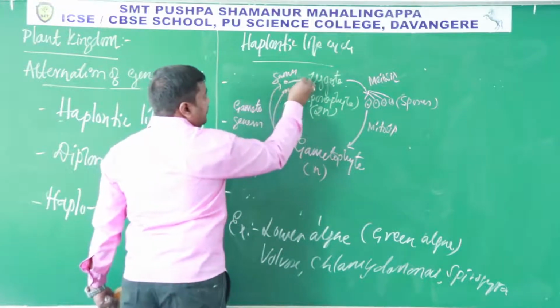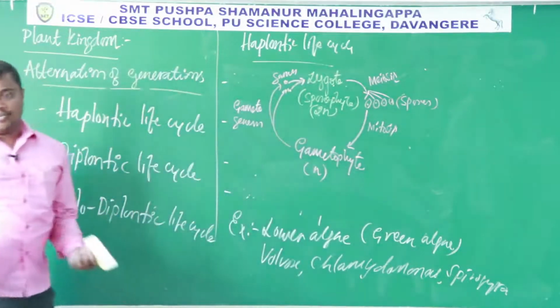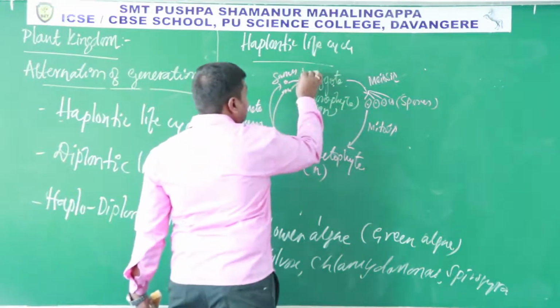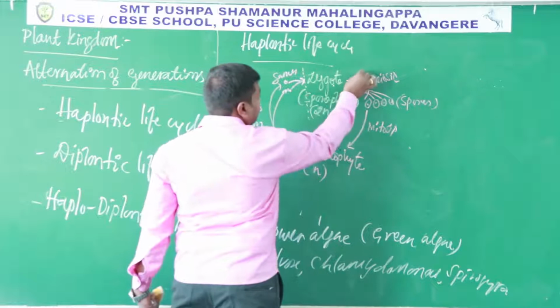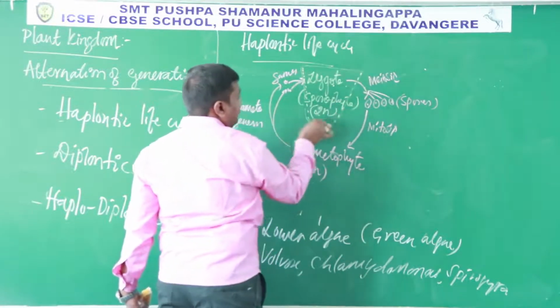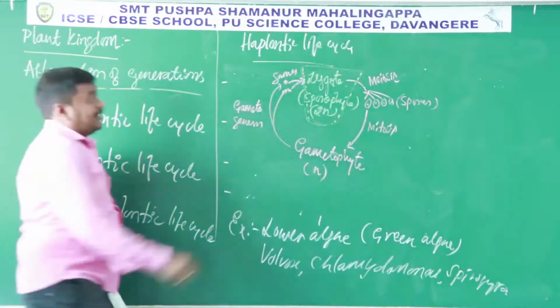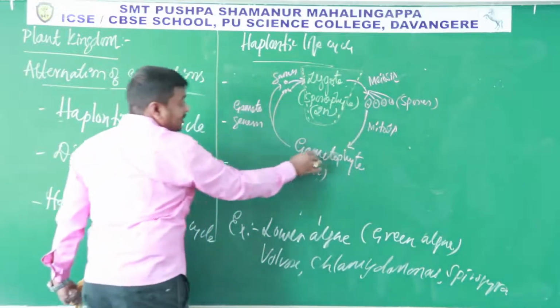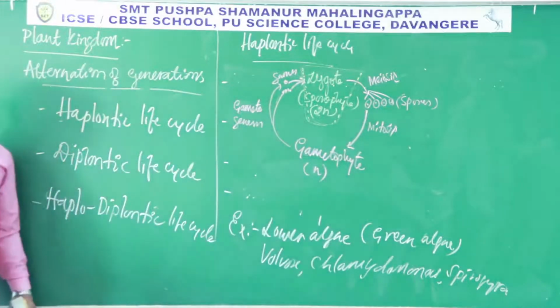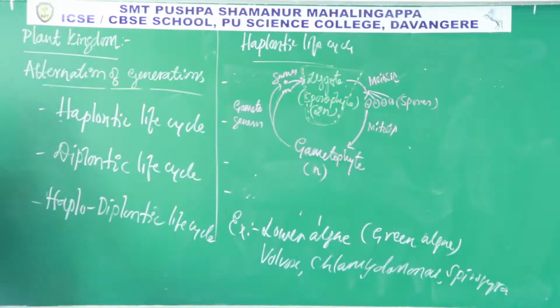So the two fuse and it forms the zygote. Here in this cycle only this part represents the sporophytic stage, and this whole part from here to here represents the gametophytic stage. So the dominant stage is gametophyte.